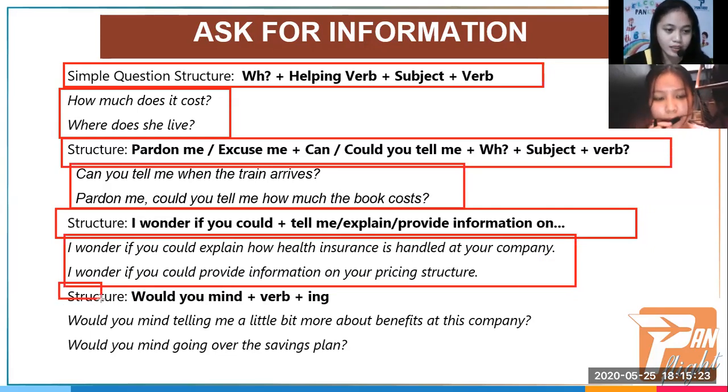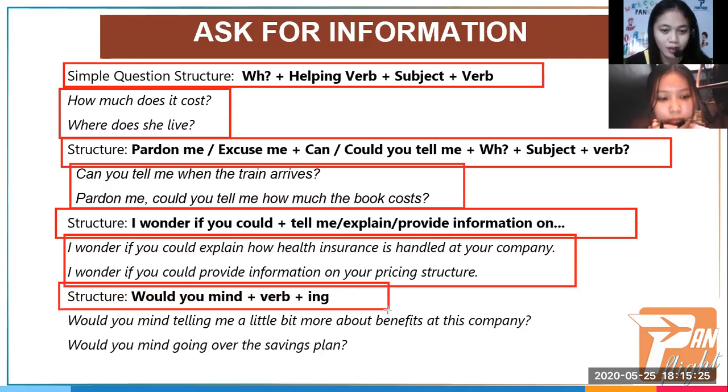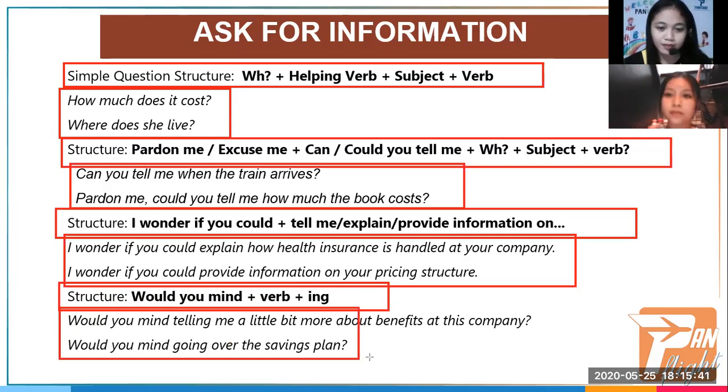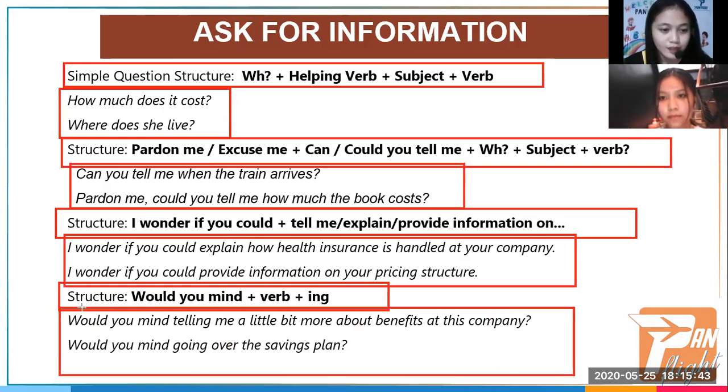So that is an example of how a businessman asks for information. And the last structure is would you mind plus verb and ing. Examples: Would you mind telling me a little bit more about benefits at this company?